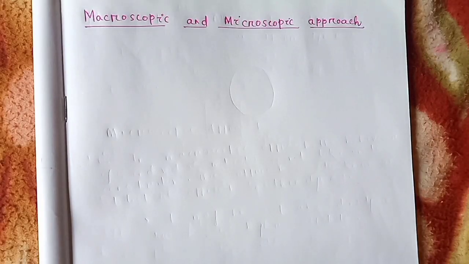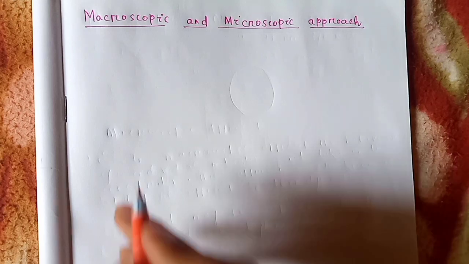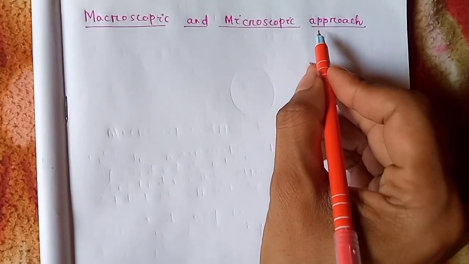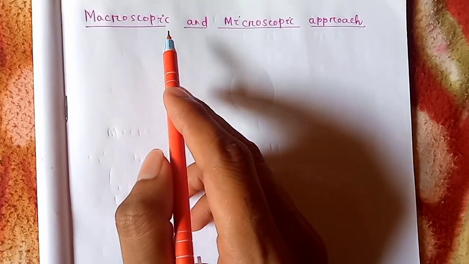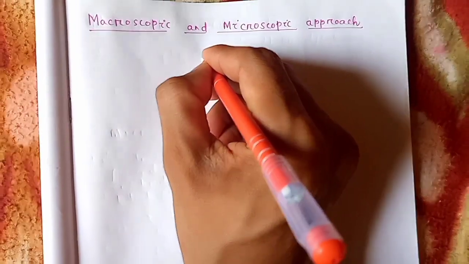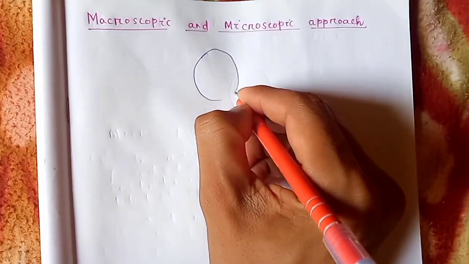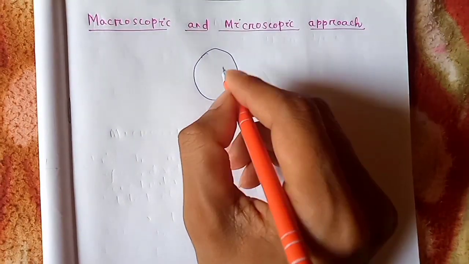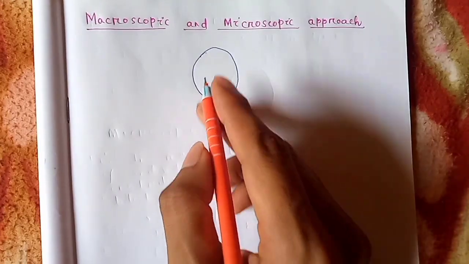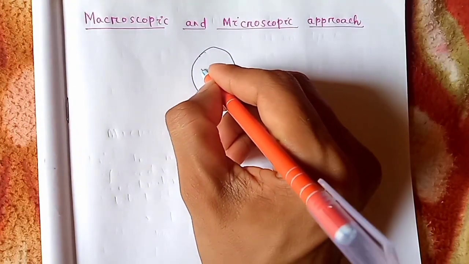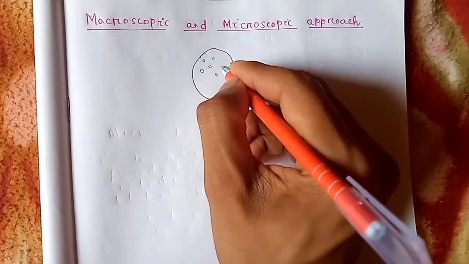Let us come to our today's topic. Now in this video, let's talk about what are macroscopic and microscopic approaches in thermodynamics. This is not a very difficult topic to understand. We all know that each substance, suppose we take this is a substance. Suppose you look at it in the microscope, what do we observe?